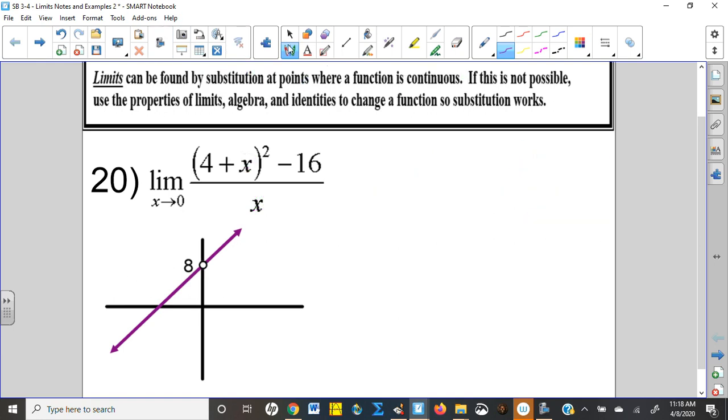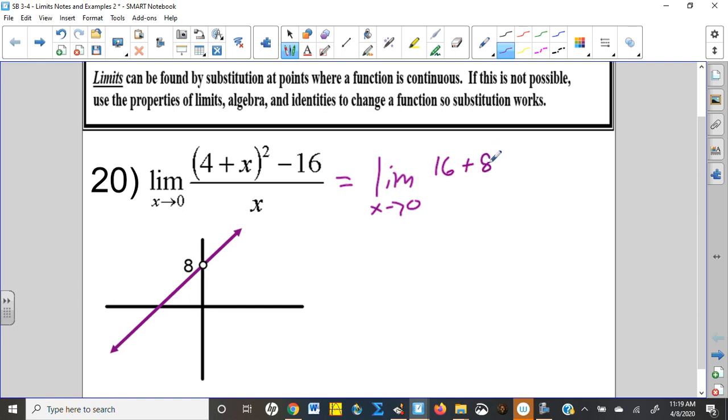So what are we going to do? That's really the basis of what today is all about. I'll give you a hint. It just comes down to being able to apply algebra, because we can manipulate what the top of this fraction looks like. 4 plus x squared is not just 16 plus x squared, but plus 4x, right?